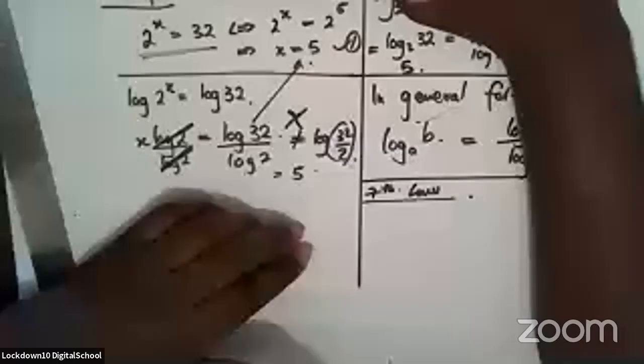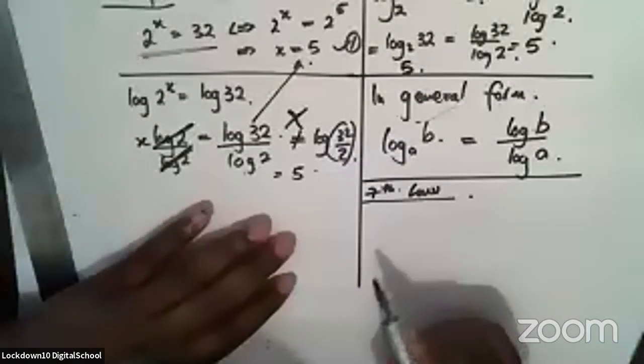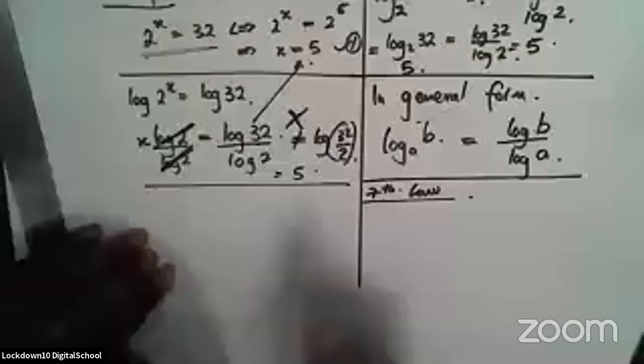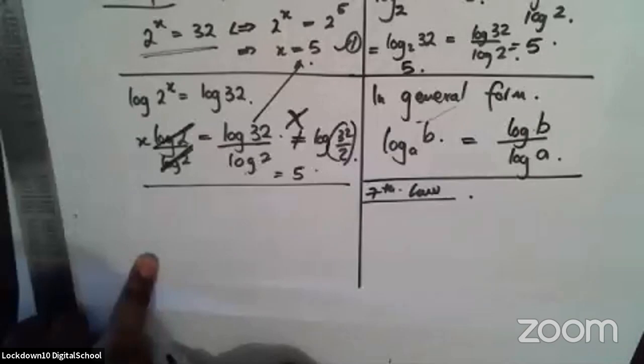So the 7th law states that, remember, 3 to the power 1 just gives me a 3.